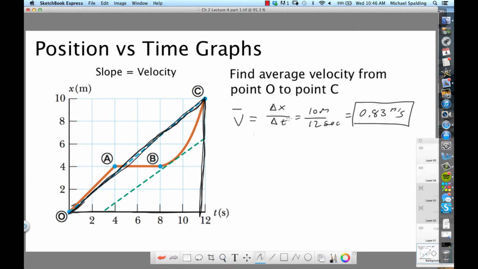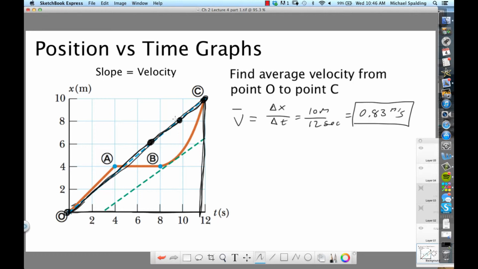Now, did we have to use point O and point C to take the slope of that line? No, because it's a straight line. If it's a straight line, you can use any 2 points you want. We could have used this point right here and this point right there. All right. Any questions on that?